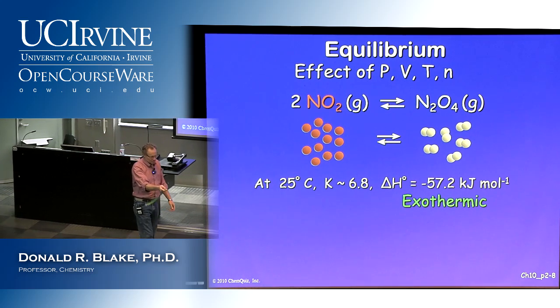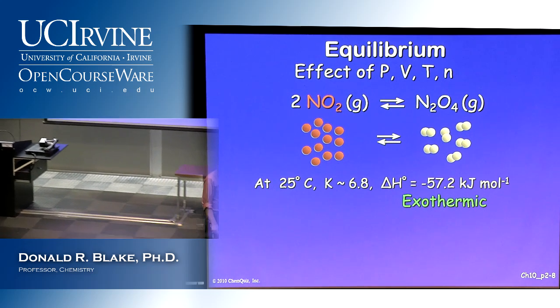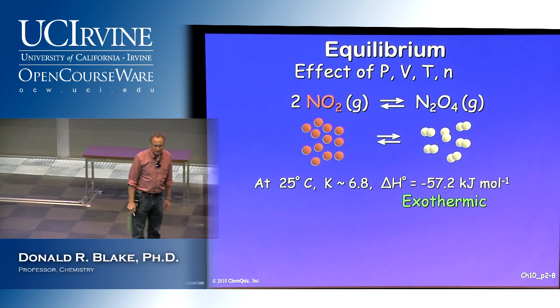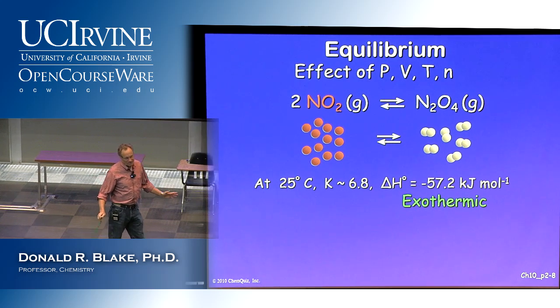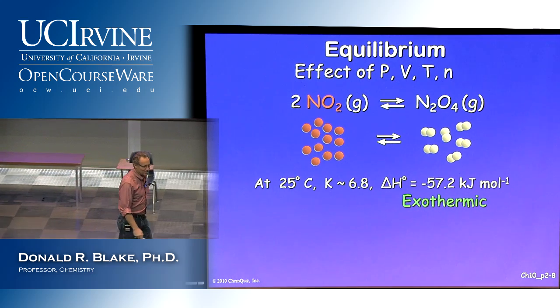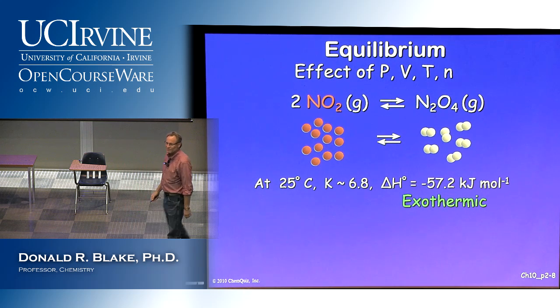You guys, I trusted you. You said decrease. Okay, let's start over, I'm very confused. If you have exothermic and you add heat, it's going to move things this direction. That's what I thought I was saying.